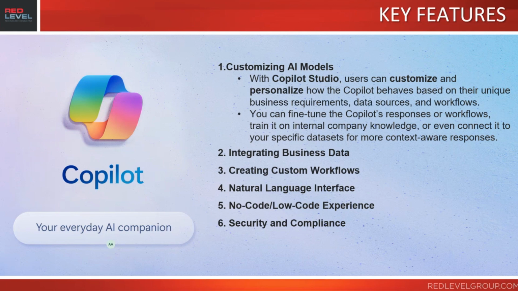It is integrated with your business data, so unlike if you're using anything outside of Microsoft, the Copilot has access to all the data that's inside your tenant, or even more based on the context of the current user. You can create custom workflows, and that will come in with the Copilot Studio, but also it can help you create custom workflows with the Power Automate platform.